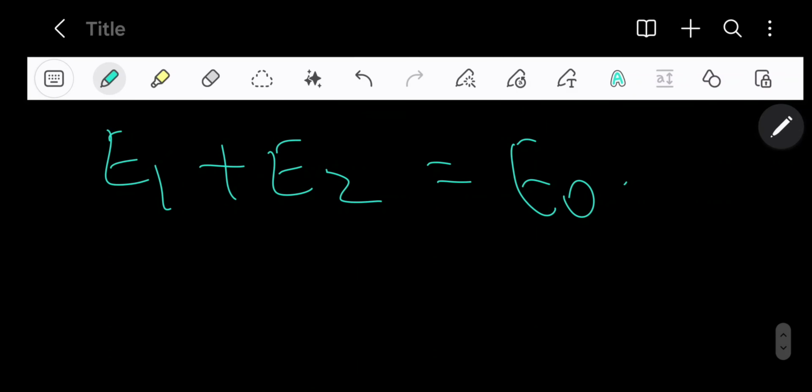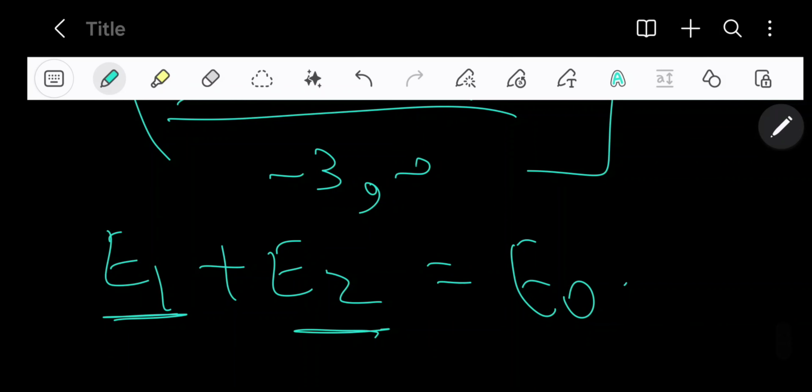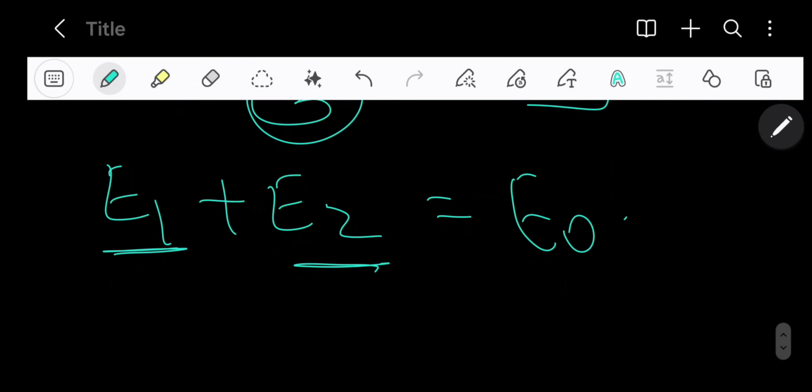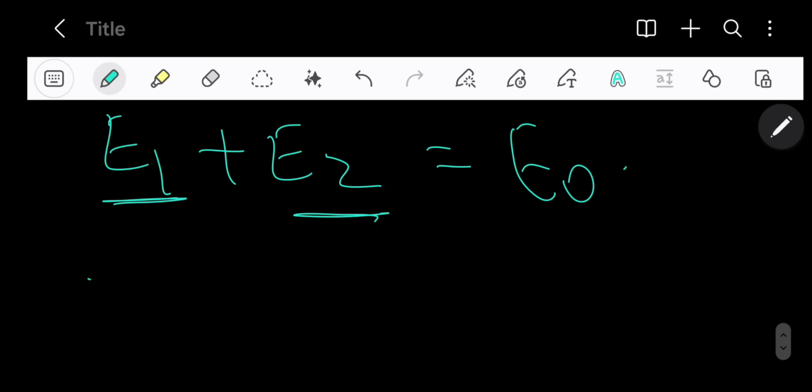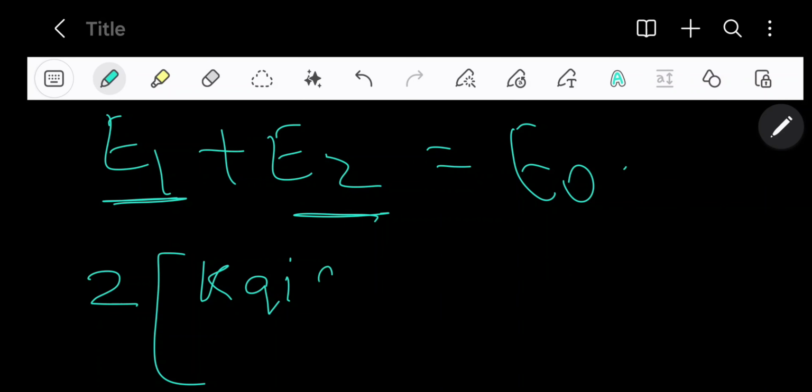E net, whatever. So let's add E1, K, Q1. See, E1 and E2 have the same charges, 3 and minus 3, but we're going to take the magnitude, so it's 3. That means they are both equal. So we're just going to multiply by 2: K Q1 by R square.